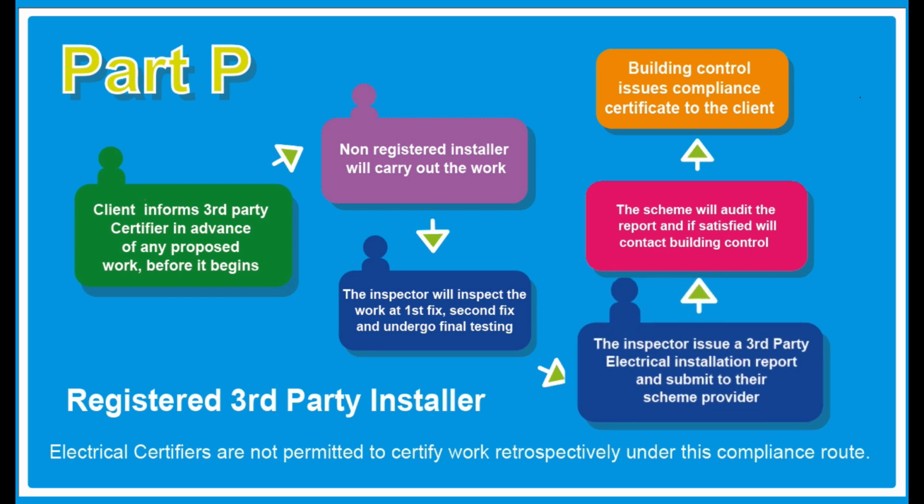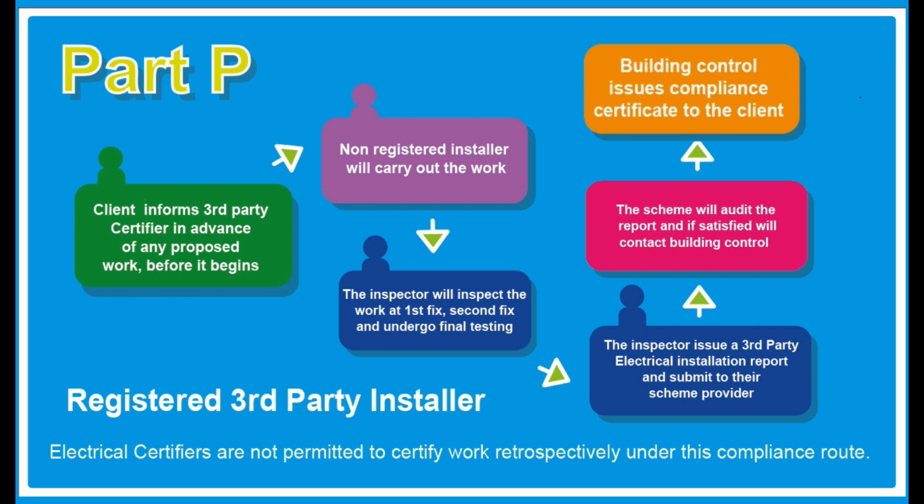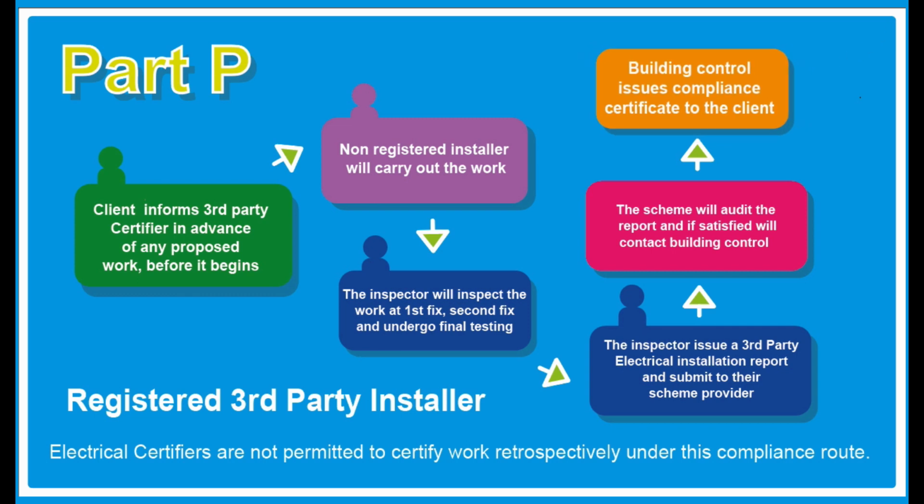The inspector will then issue a third-party electrical installation report, not certificate, and submit this to their scheme provider. The scheme provider will audit the report, and if satisfied will contact building control. And building control will issue compliance certificates to the client. The non-registered installer still has to produce his electrical installation certificates and give them to the client.